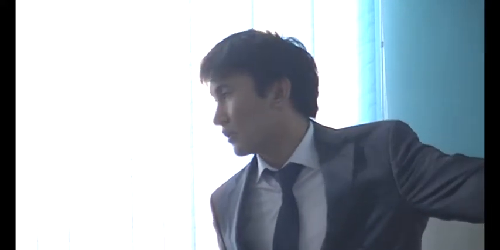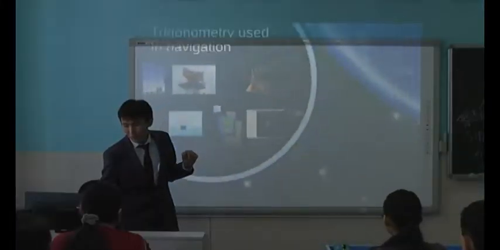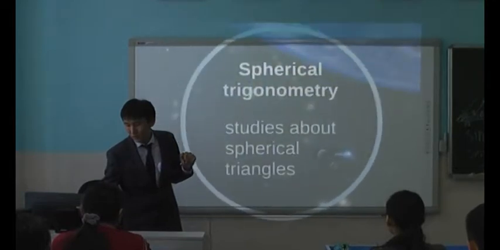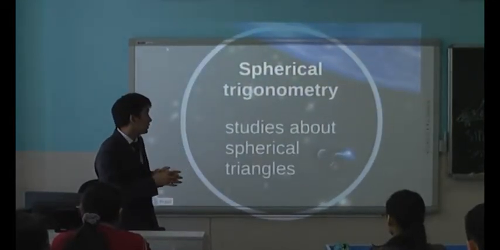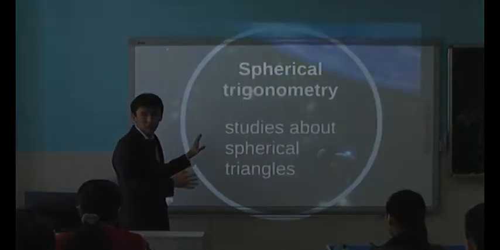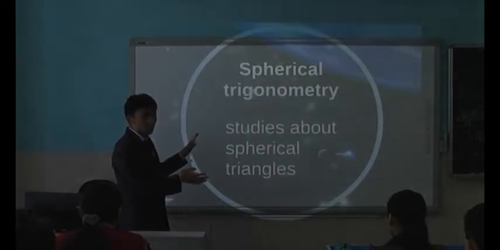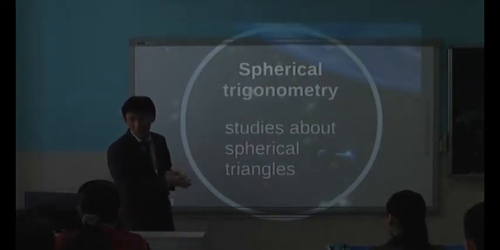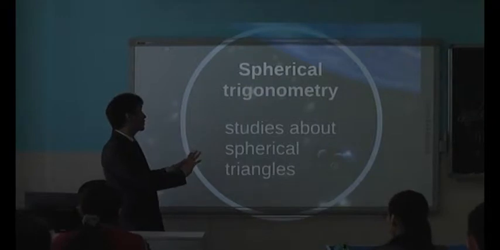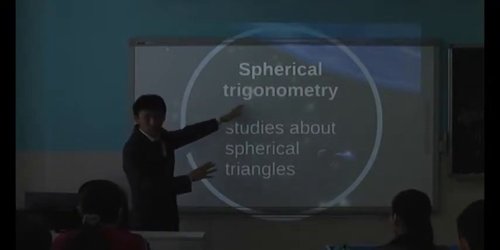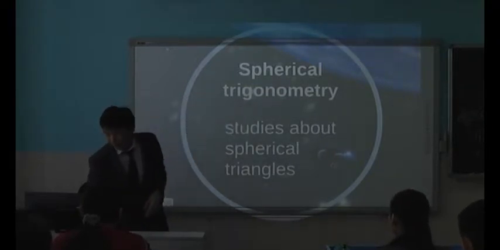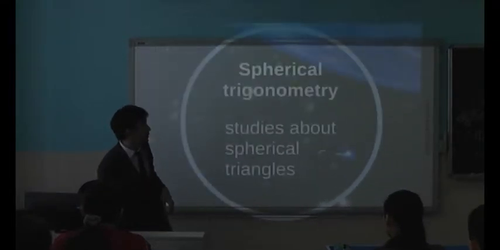Very interesting navigators they are, but today we try to understand the basics of our navigation system. The basics of our navigation system start from spherical trigonometry. This is the part of trigonometry that studies spherical triangles.